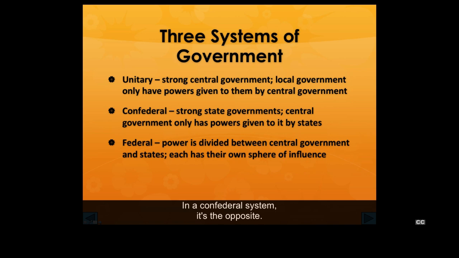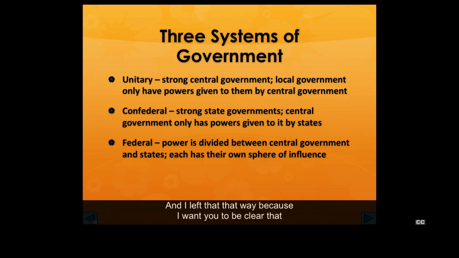In a confederal system, it's the opposite. The states, the subnational governments, possess all of the power, legally speaking, and if they want to create or empower a strong national or central government, they can, but the central government does not have the right of existence on its own, naturally. So we have a system of federalism. Now, here we see the term federal being used to describe federalism.